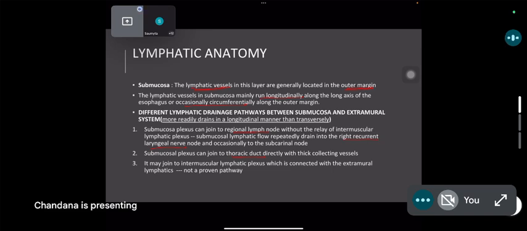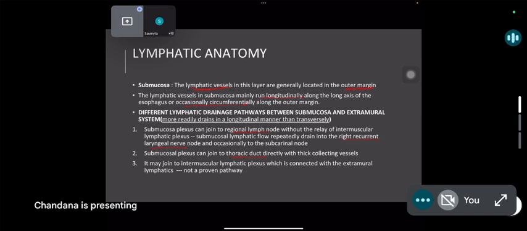What are the differences? The submucosal plexus can join regional lymph nodes without relay in the intermuscular lymphatic system. So if the lesion is up in the submucosa, without even invading the muscular layer, it can go to the extramuscular lymphatic system. One example is that submucosal lymphatic flow repeatedly drains into the right recurrent laryngeal nerve node and occasionally into a subcarinal node.